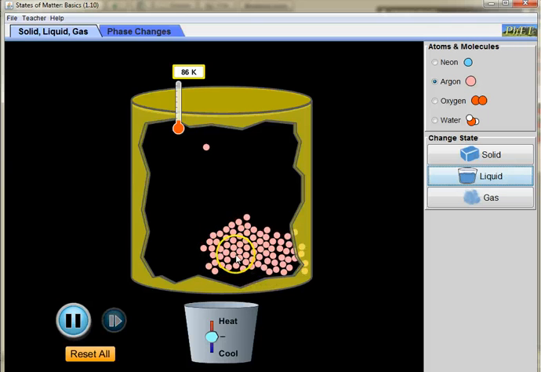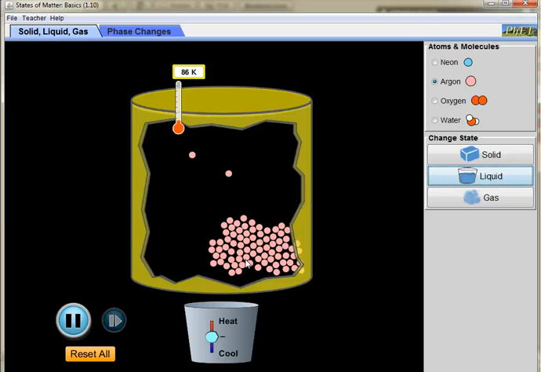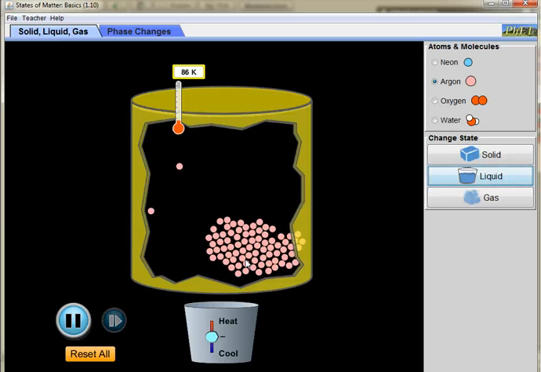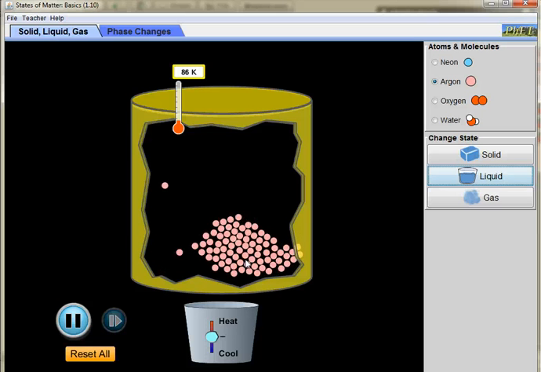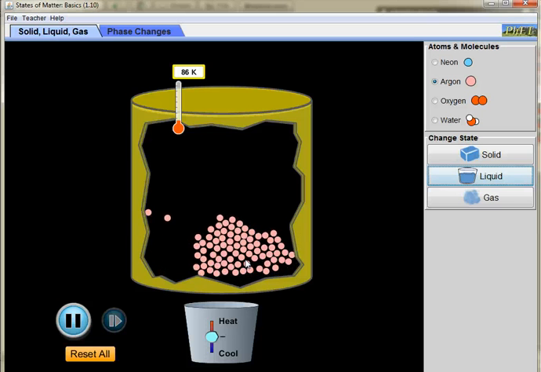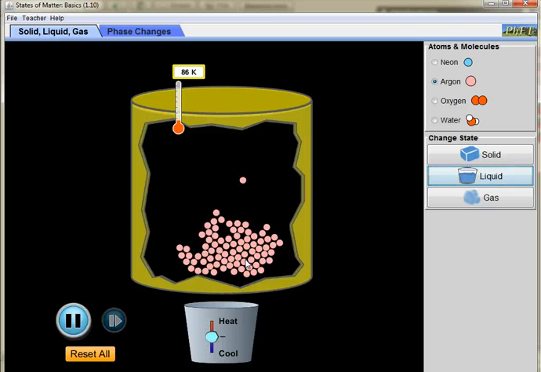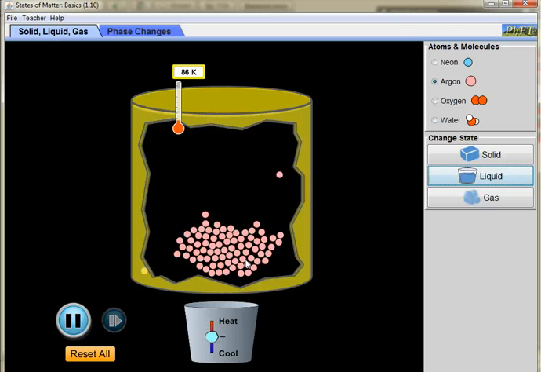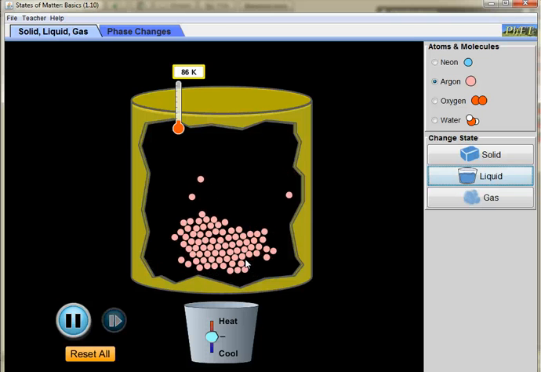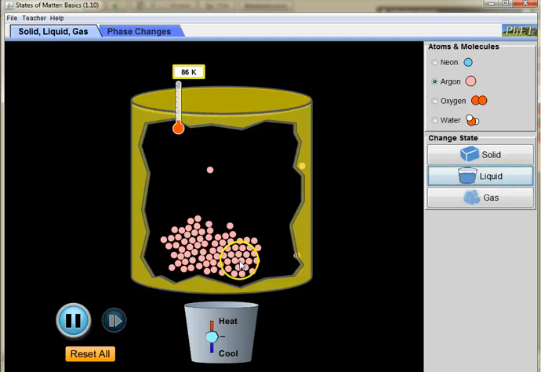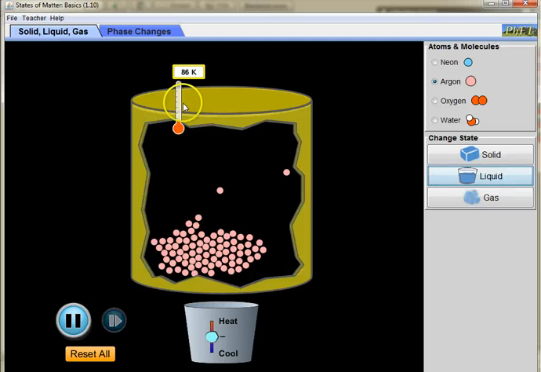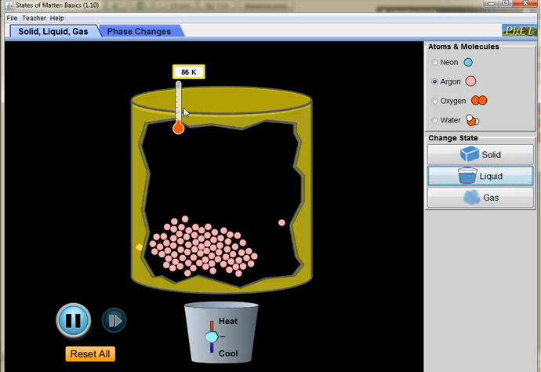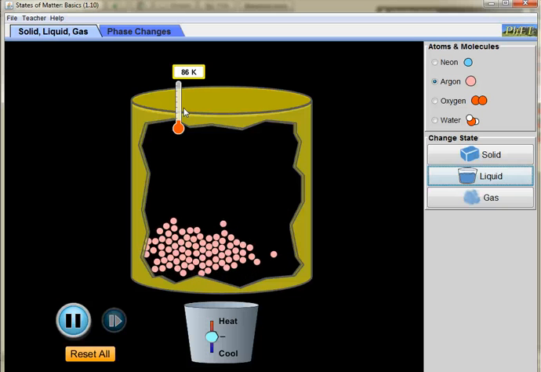Are the particles vibrating much more rapidly, much faster or slower? What do you think about the motion? They are definitely vibrating much faster. What happened to the temperature? It went up. Yes, when we change the state from solid to liquid, the temperature went up.